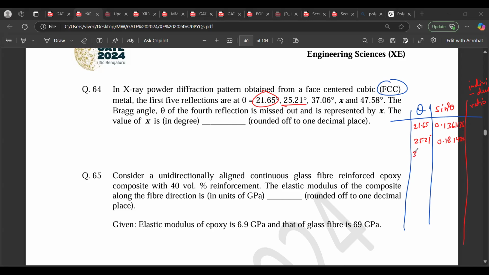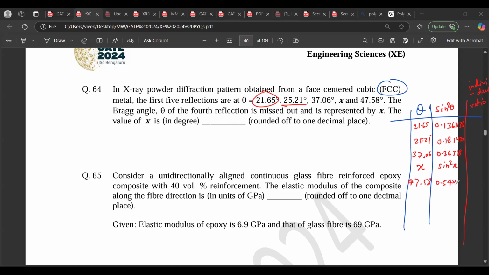Now next angle is 37, its corresponding sine square theta is 0.363188, and then you have a 47.58. That corresponding sine square theta is 0.54496.